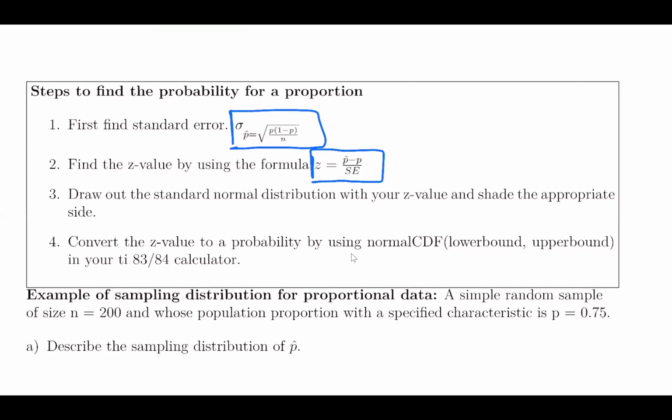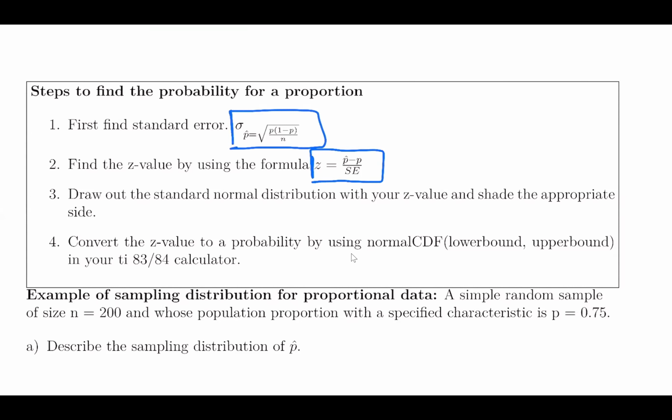Next, draw the standard normal distribution with the z value and shade the appropriate side. Then step number 4, use the normal CDF, find the lower bound and the upper bound, and do it on your TI-83 or 84 calculator. Any question in regard to the steps on how to find the probability?